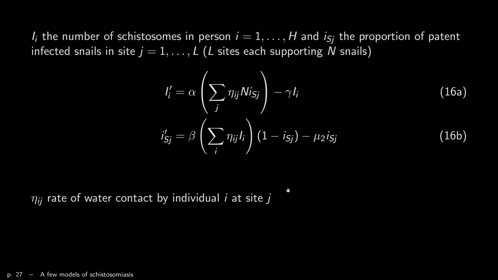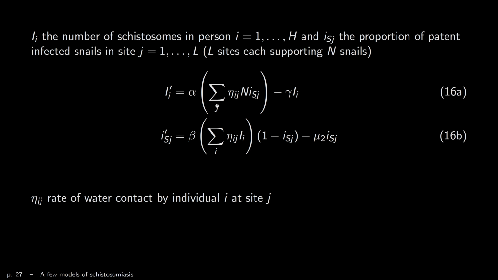So the way you describe the model is the following. It's very similar to before, but now if you're looking at an individual, for example, I is how many schistosomes there are in individual i. Well, that comes from their attending each of the different sites that they're going to. So this here, this eta ij is the rate of water contact by individual i at site j.